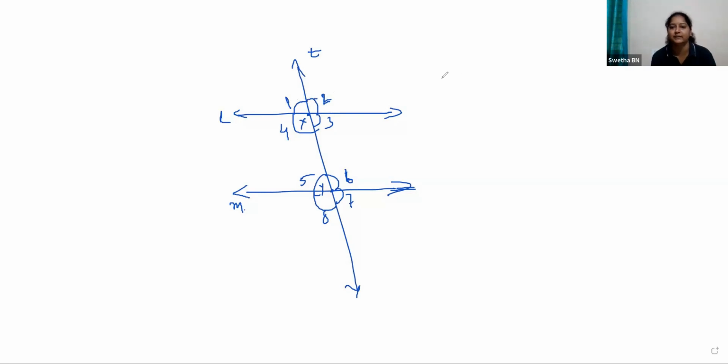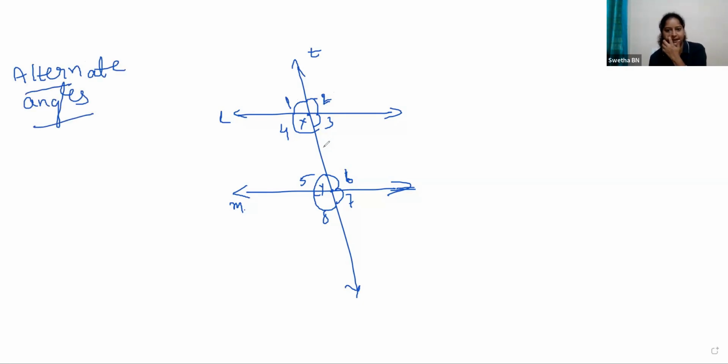Other than that, which angles will you come to know? Alternate angles. And before that, see, interior and exterior angles. Interior means inside the two lines. Exterior means outside the lines.